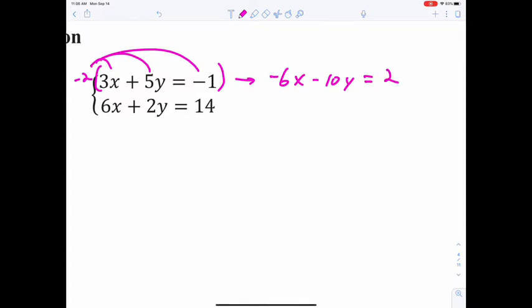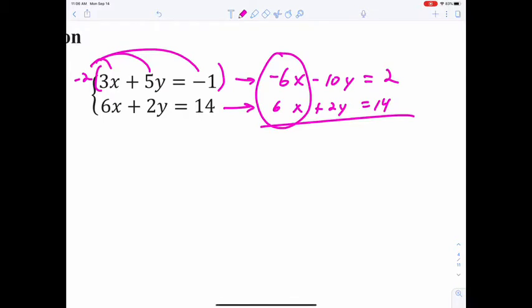Then we move this bottom equation over, simply copying it down. Now we add straight down. Notice what happened: we have -6x plus 6x, which is 0. Those go away. That's what we want. We just eliminated a variable.